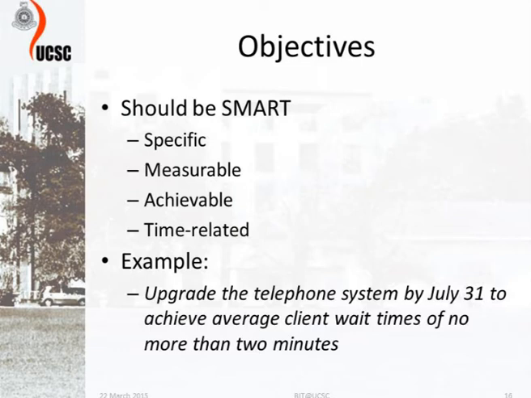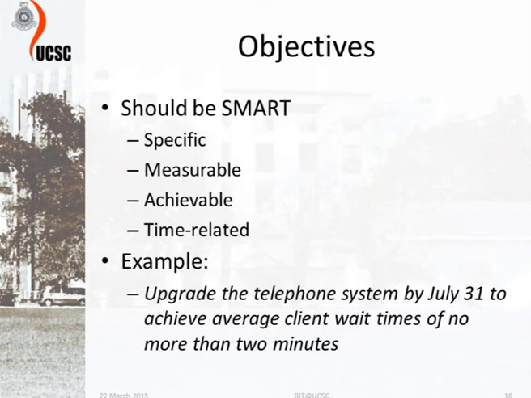Now you know by July you may have to submit your dissertation. In that case you need to achieve your objective by that time. So, you should select objectives in a way that they are time bound and achievable by that time, and you could measure. If you are saying that you are going to do something, it should be done in a way that someone can judge that it has actually happened.